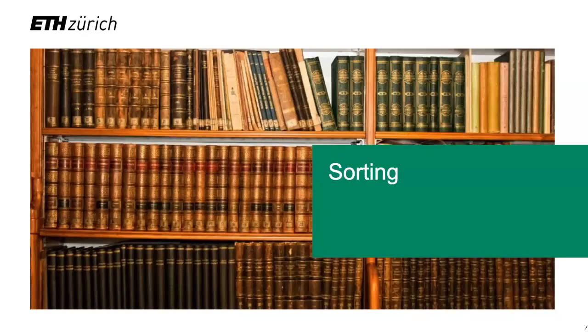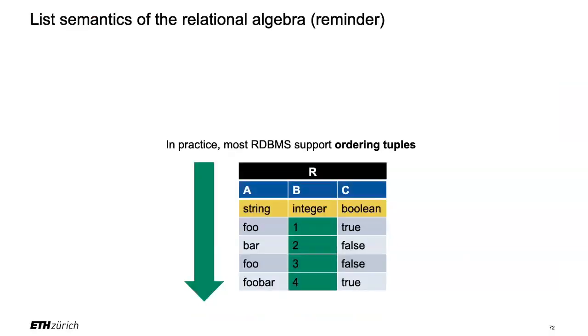So let's go back to SQL then and continue to introduce more and more features, what you can do with it. Let's do some sorting. If you sort some data, again, that's something very practically useful. So of course, if we sort, the order matters. So we are then in the list of records semantics, right?